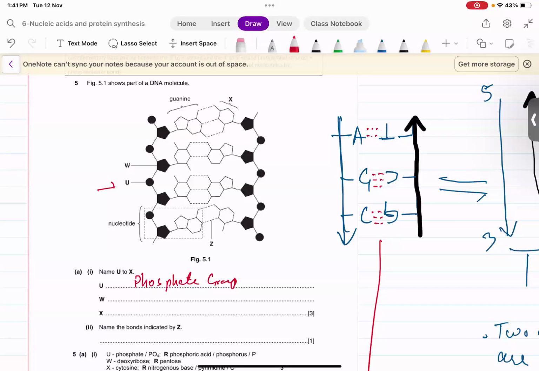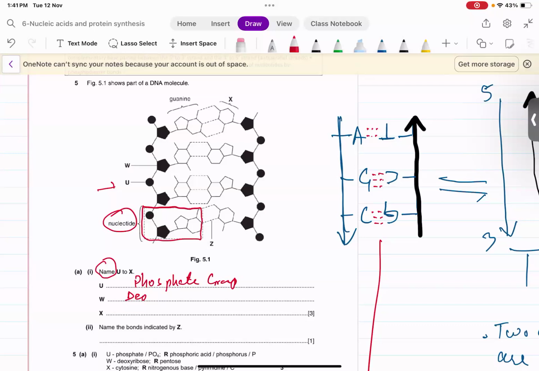And W is? The nucleotide. No. How nucleotide? Nucleotide will be this whole structure. This is one nucleotide. W is deoxyribose sugar.